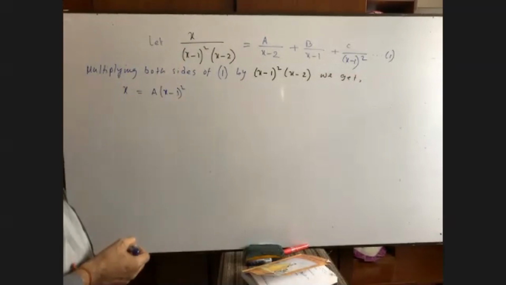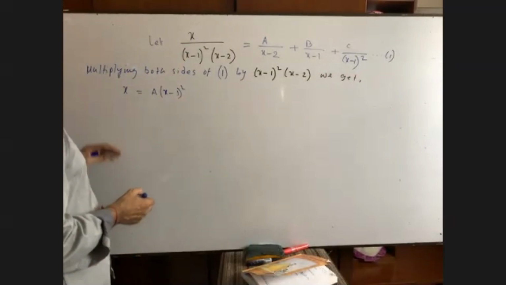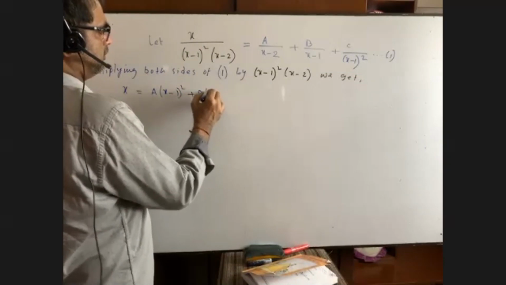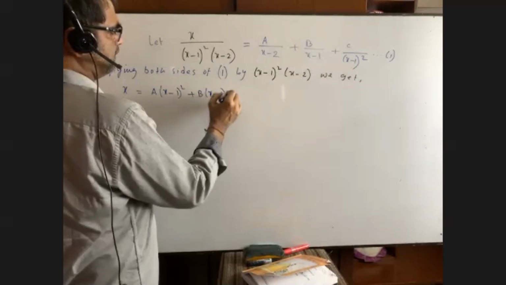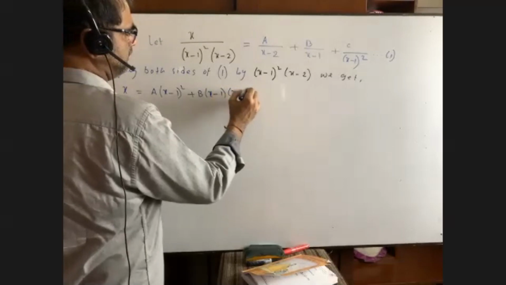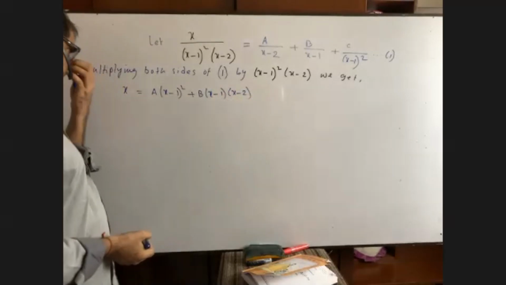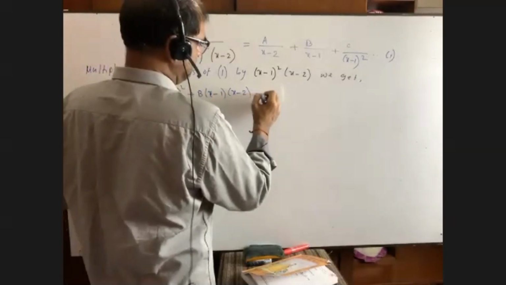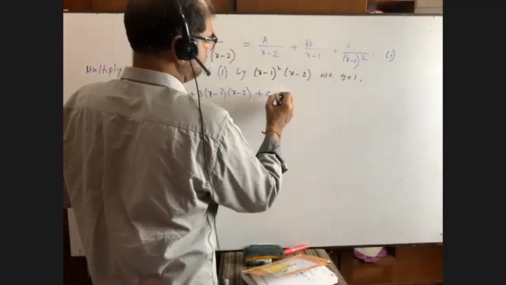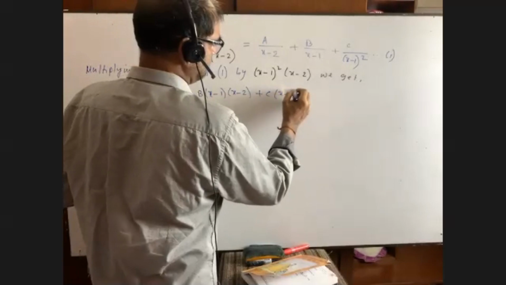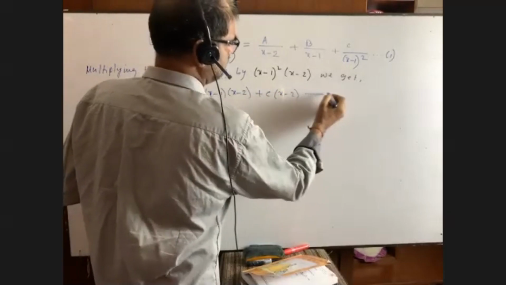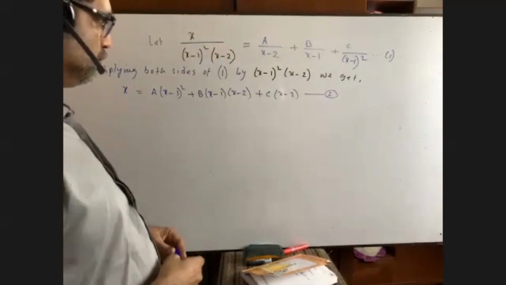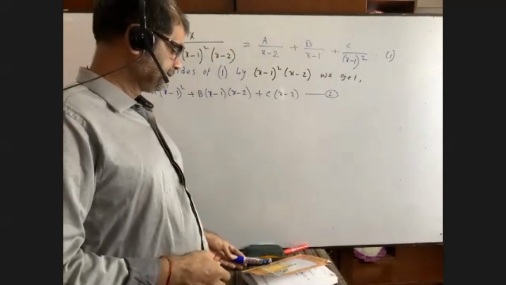Then B into x minus 1, x minus 2. Very good. Then C into x minus 2. So we get equation 2, and it is true for all x belongs to R.